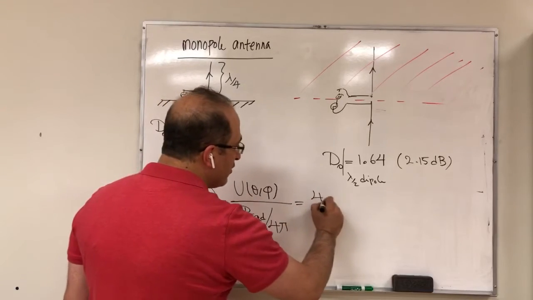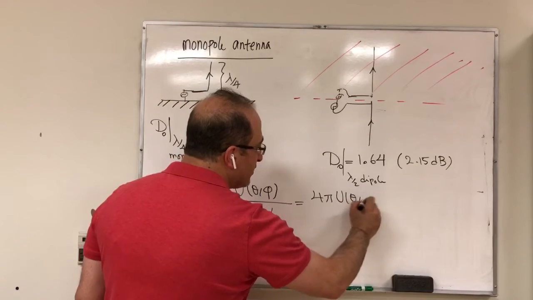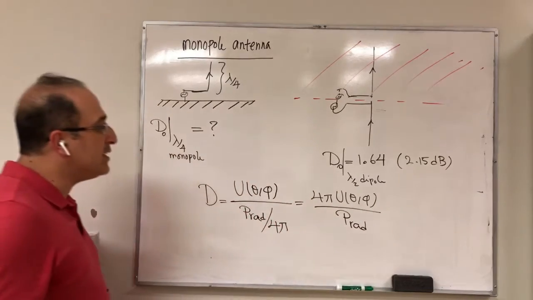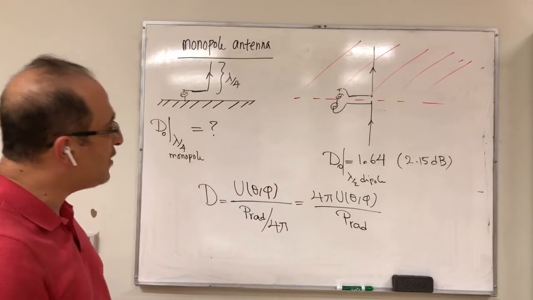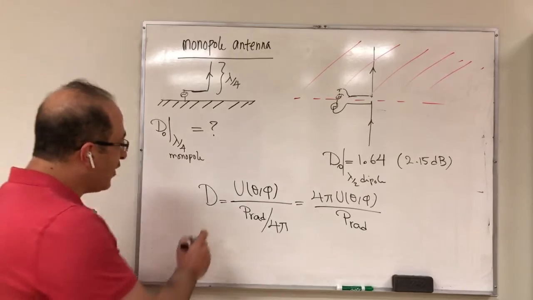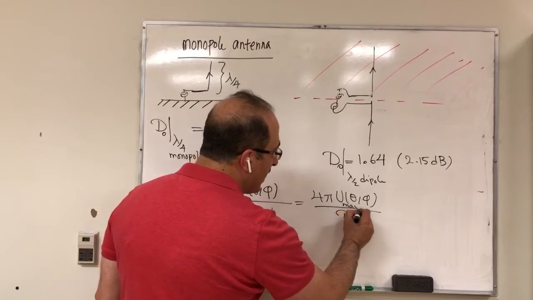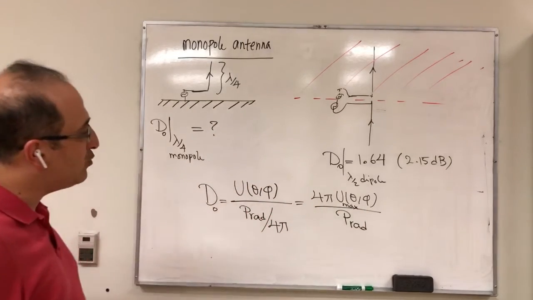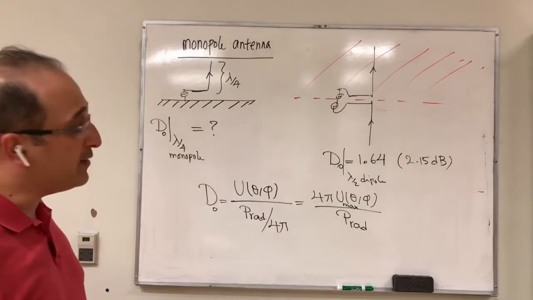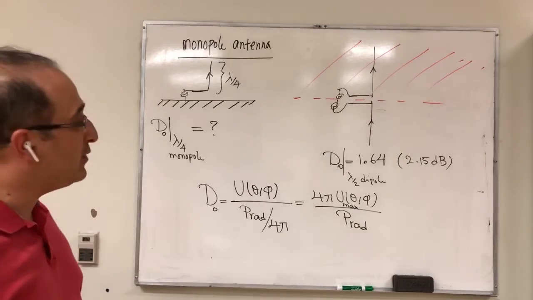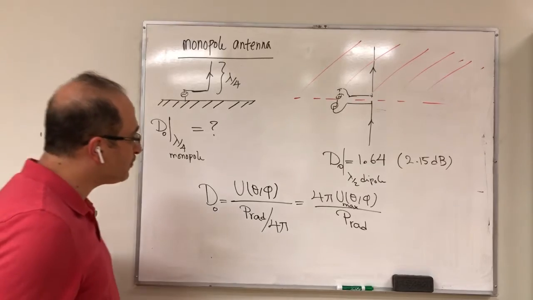Therefore, it becomes 4 pi U(theta, phi) over P rad. And if I want D naught, which is the maximum, this would be U max. So that's the equation for directivity. I need to use it to figure out the connection between the directivity of these two.